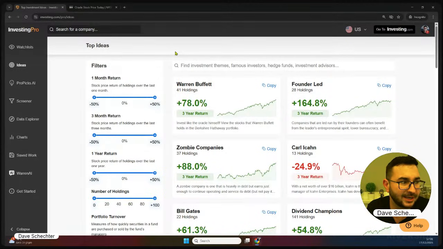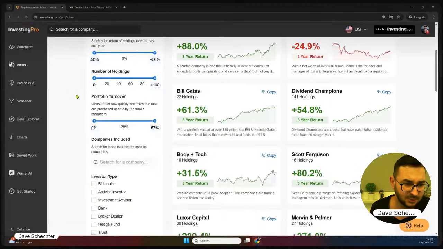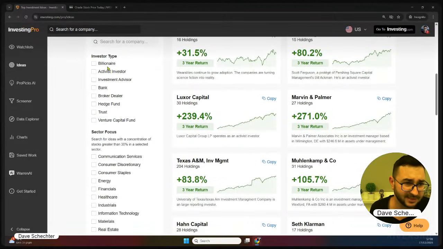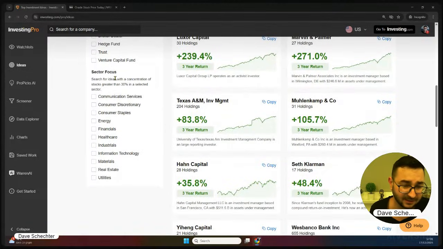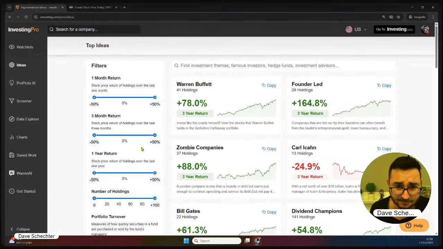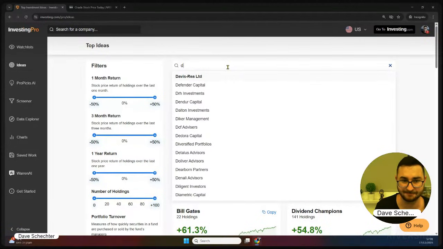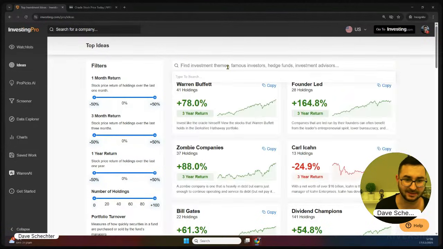And so wouldn't it be a great idea if we could understand what's in their portfolio and maybe copy what they're doing? So that's exactly what Ideas does for you. You can filter for different investor types like billionaires or banks or hedge funds or specific sectors like healthcare or real estate. You can also type anything into the search in order to find things that interest you.